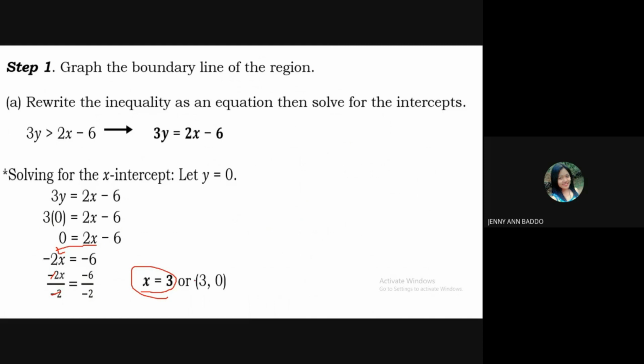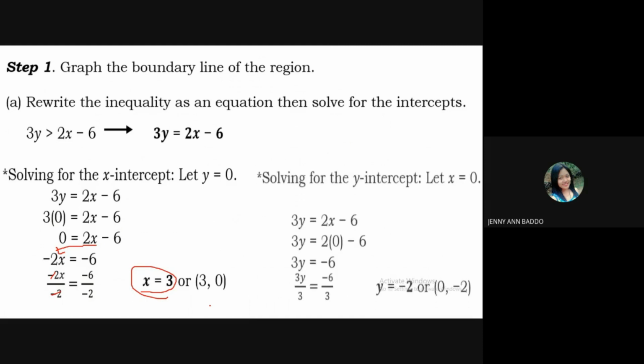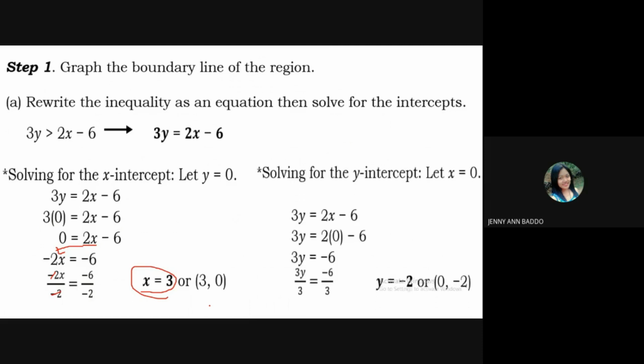So the x-intercept is 3, or the point (3, 0). Now solving for the y-intercept, again we let x equal 0. So we have 3y equals 2 times 0 minus 6. 2 times 0 is 0, minus 6, so we have negative 6.